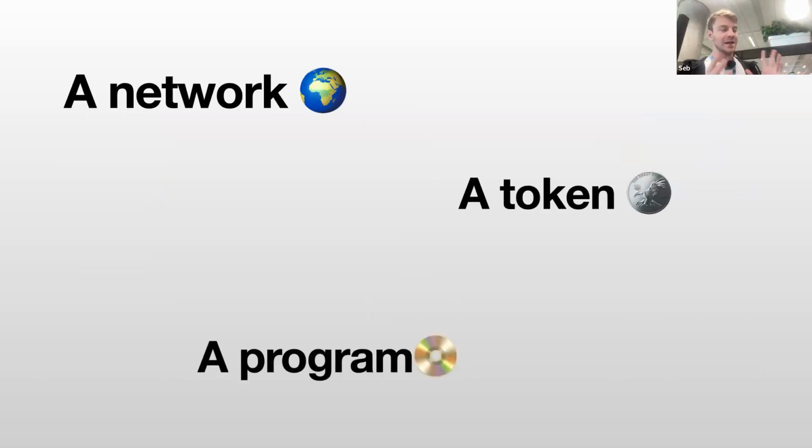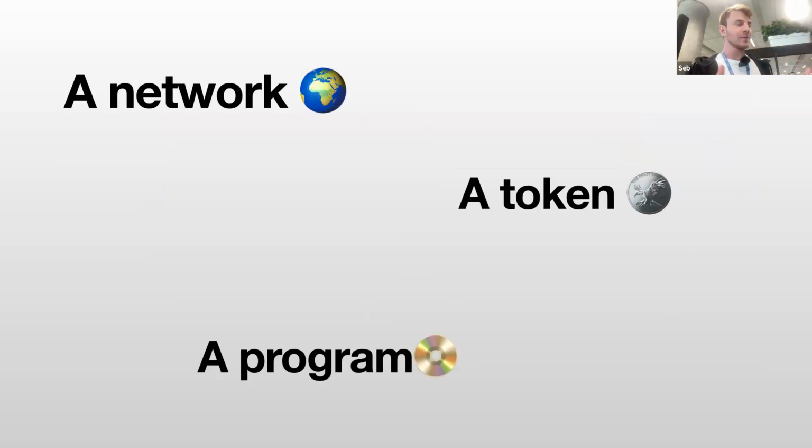Regarding ICP, Internet Computer Protocol, there are three different concepts that are each related to the others. When I say the Internet Computer, I talk about the network, the cloud that we can deploy on. When I talk about ICP, usually it's the token.